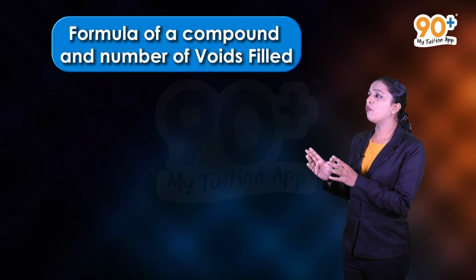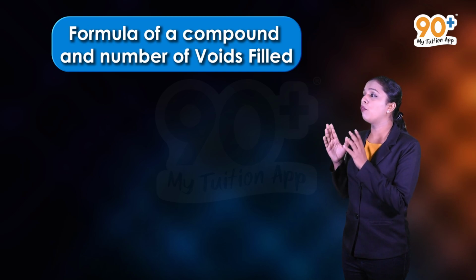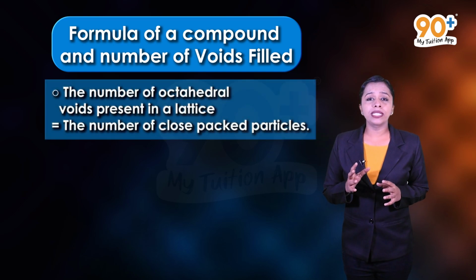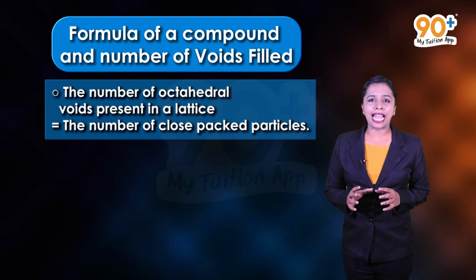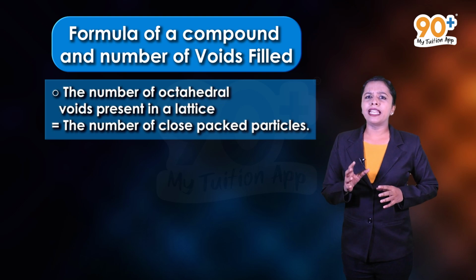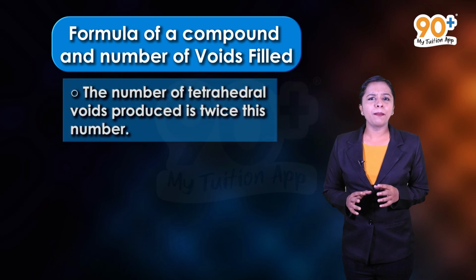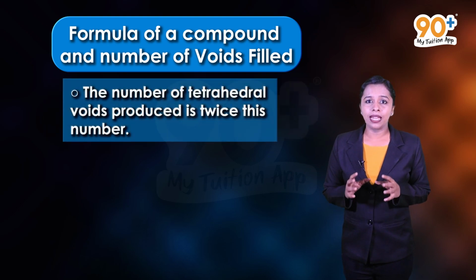Moving to the next topic, that is the formula of a compound and the number of voids filled. Here, the number of octahedral voids present in the lattice is equal to the number of close packed particles, and the number of tetrahedral voids produced is twice this number.